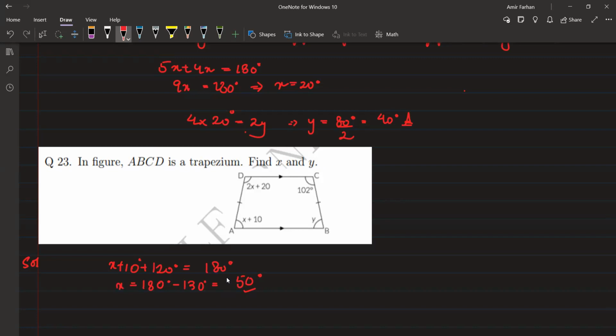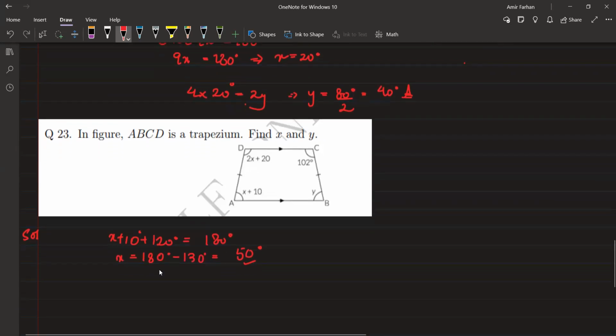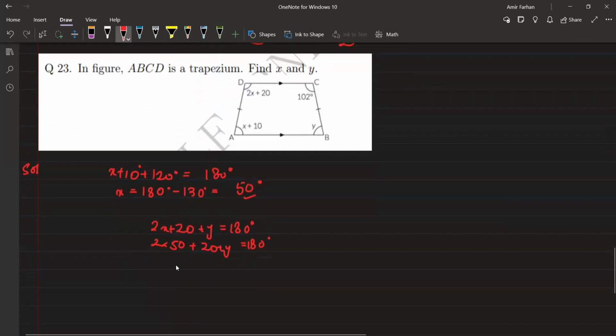Clear? If you have the value of x, it means that 2x plus 20 plus y is equal to 180. Yes or no? Put the value of x: 2 into 50 plus 20 plus y is equal to 180. 2 into 50 is 100, plus 20 is 120. 120 subtracted from 180, what will you get?